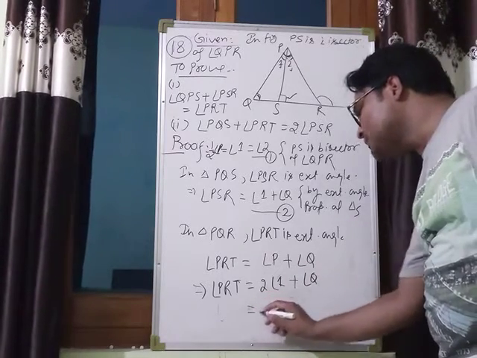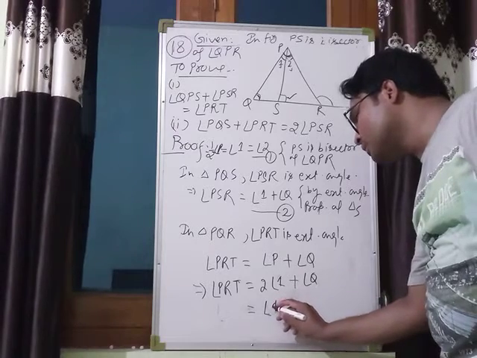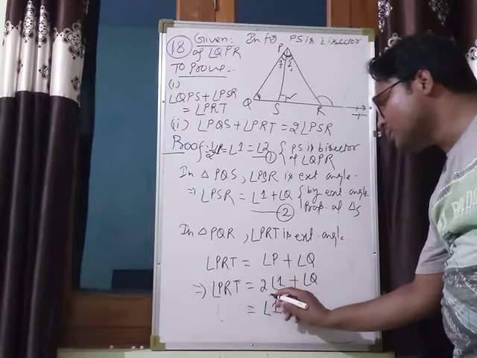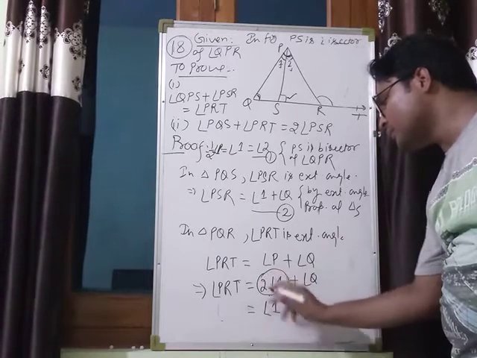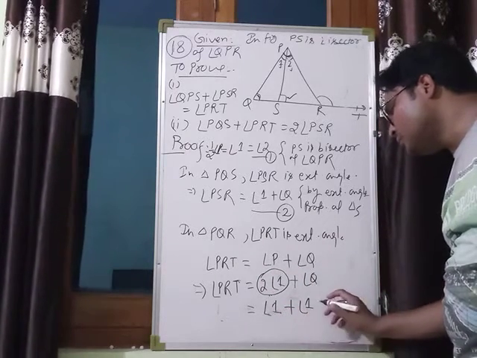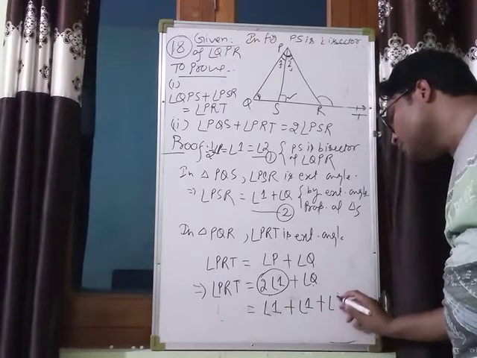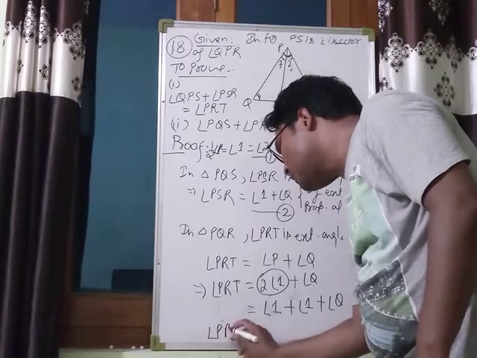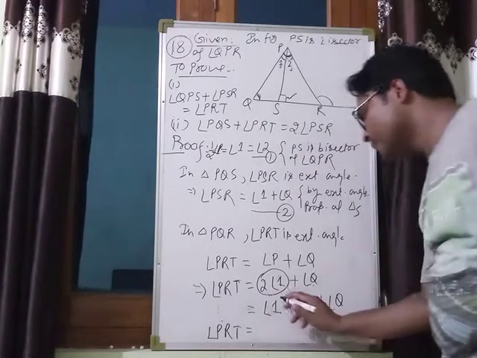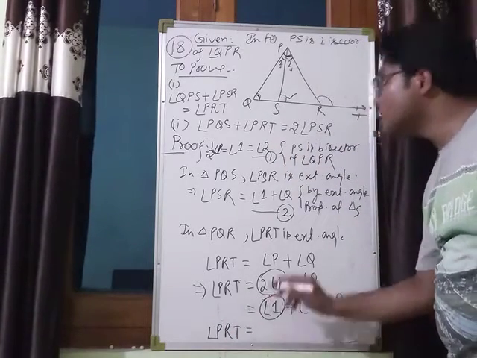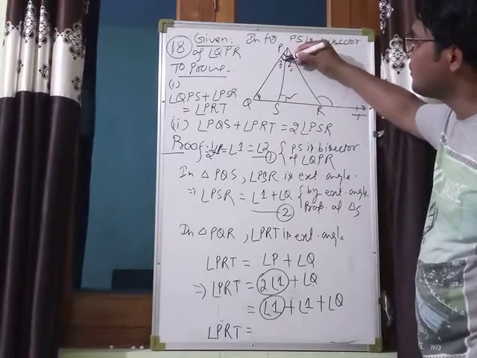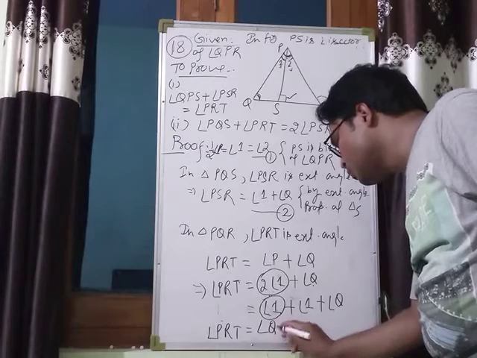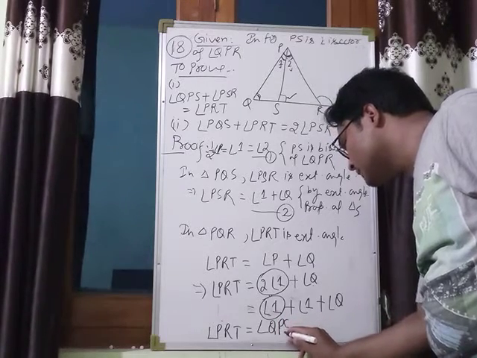See, this twice of angle 1 can be written as angle 1 plus angle 1, and plus this one is angle Q. Now see, this is angle PRT. See carefully. This angle 1, read this angle 1, QPS, that is angle QPS.